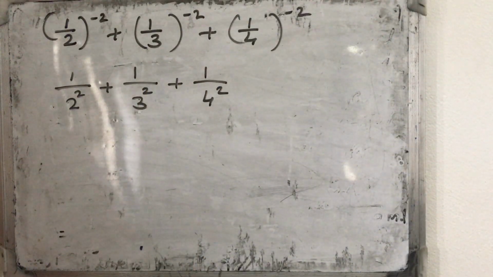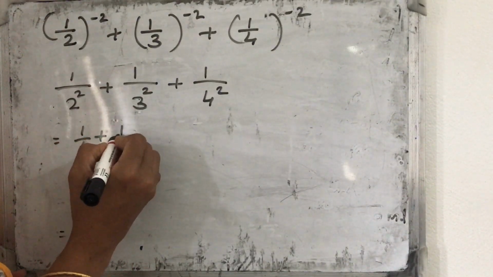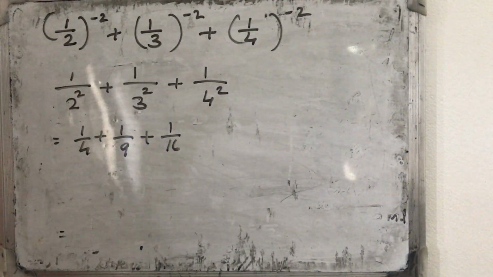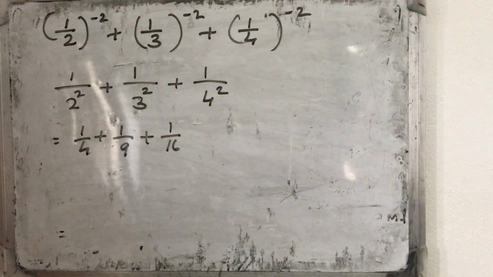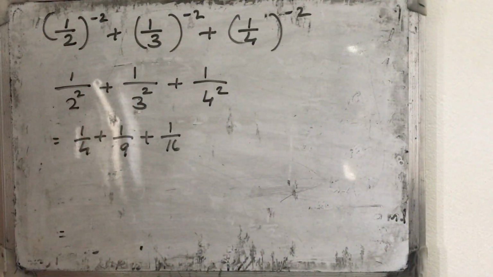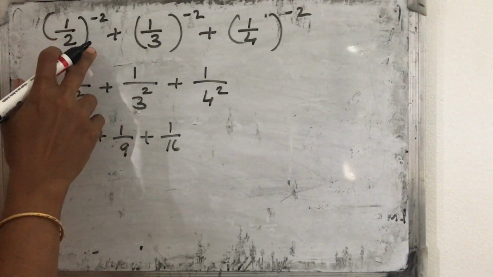Okay, so this will be equal to 1 by 4 plus 1 by 9 plus 1 by 16. Otherwise we can use another method here.